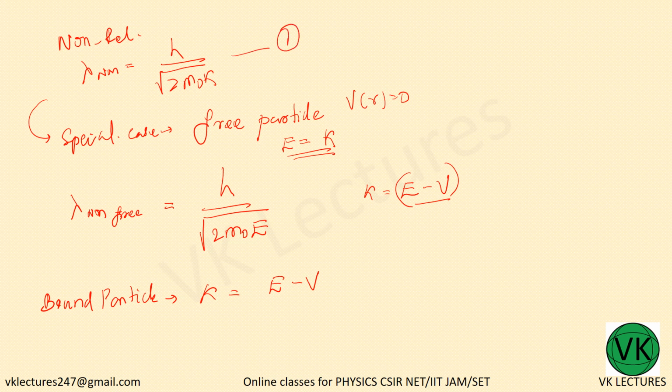So lambda non-relativistic for a bound particle is equal to h divided by under root 2 m naught into E minus V. This is for bound particle, this is for free particle.